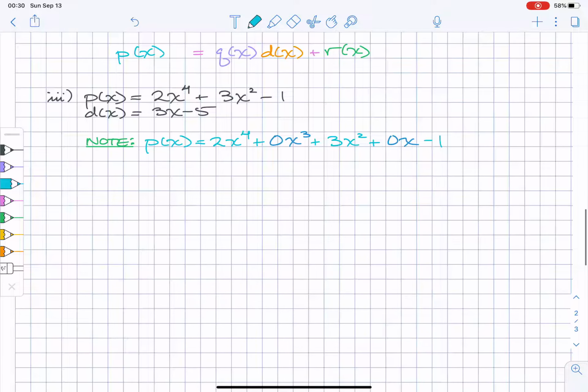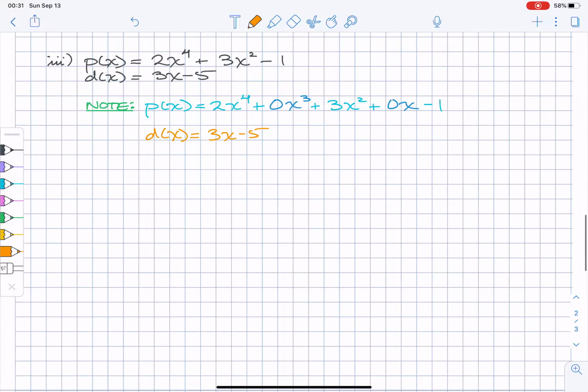And our divisor, d of x, is still just 3x minus 5. Okay, so we want to take 2x to the fourth plus 0x cubed plus 3x squared plus 0x minus 1 and divide it by 3x minus 5 using polynomial long division.